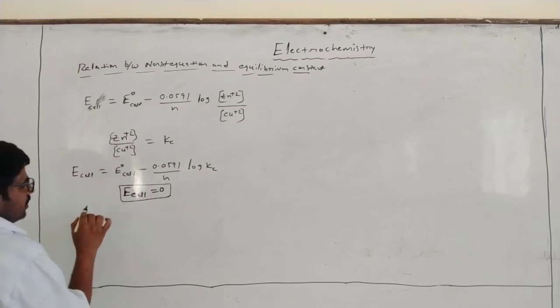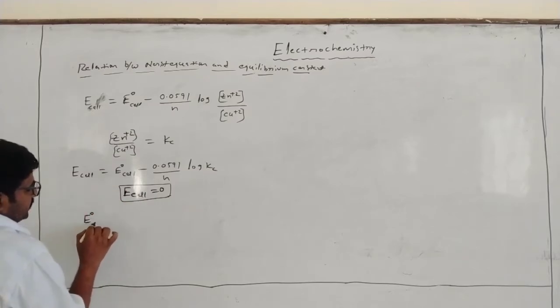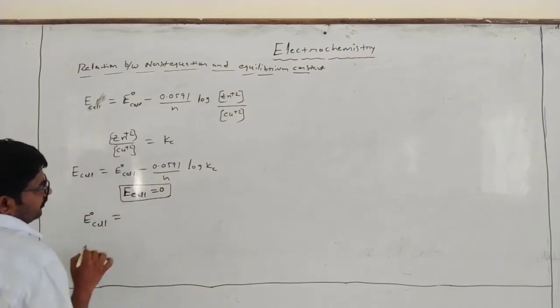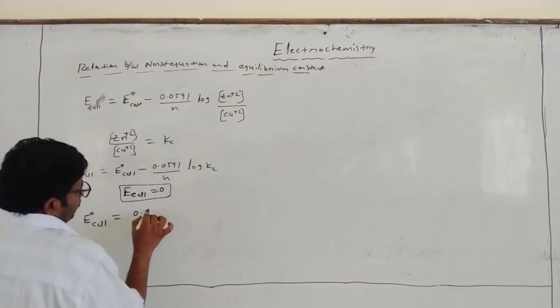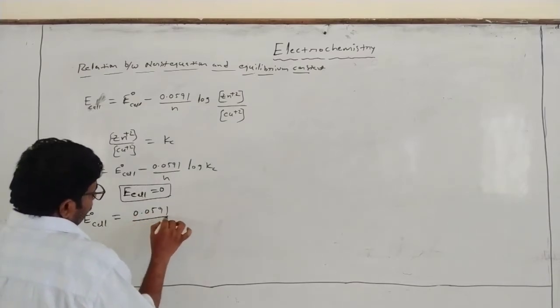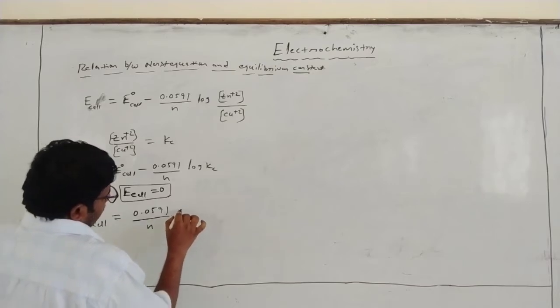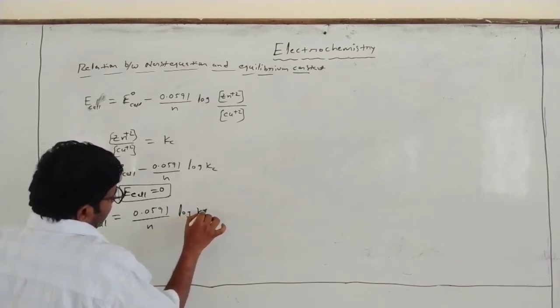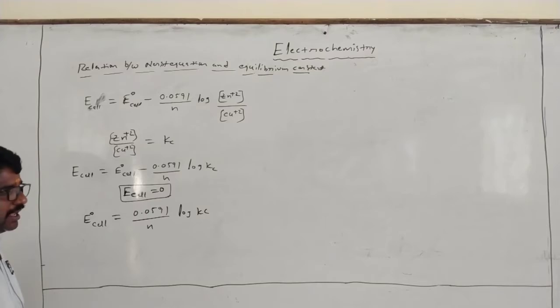Now we can write E naught cell is equal to 0.0591 by n log Kc.